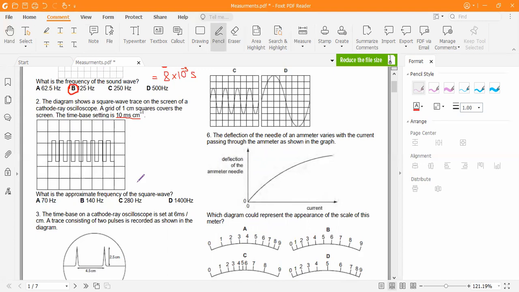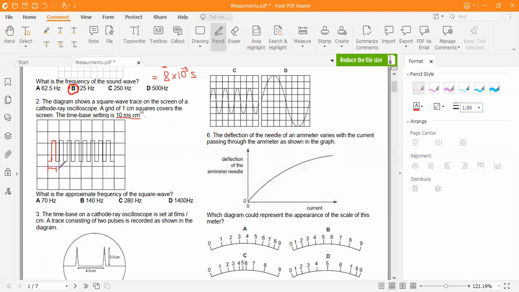The first method is, if I look at this oscillation, one oscillation would be roughly around, if I start from here, I will have to move over there like this. I think this will be one oscillation, almost, from this point to this point. And I know that this whole block is 10 milliseconds.